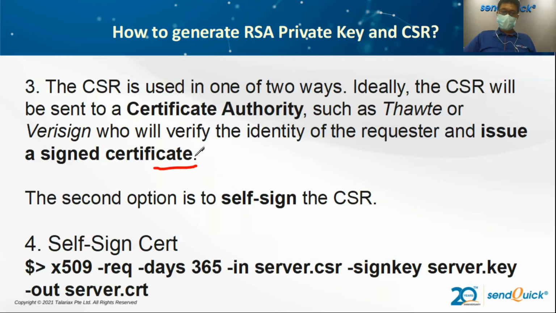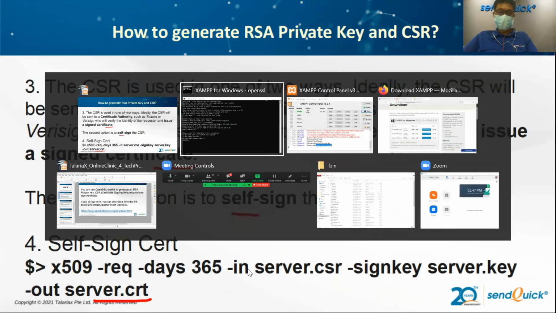The second option is that you can use a self-signed certificate. Self-signed certificates are not valid ones. If you want to generate the self-signed certificate, you can run this command under OpenSSL. I will go back to the OpenSSL here.